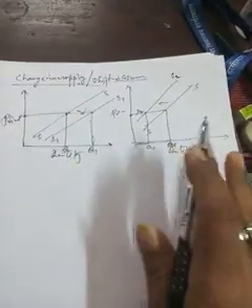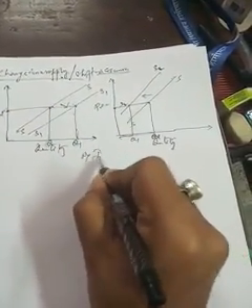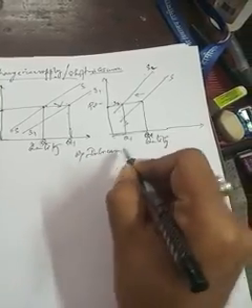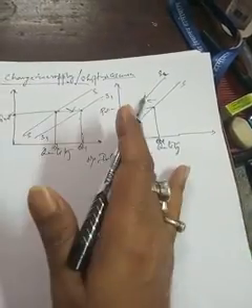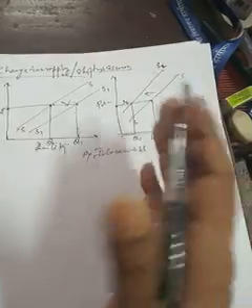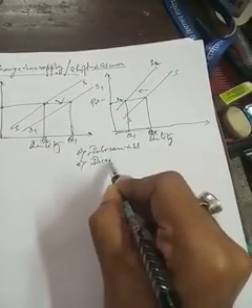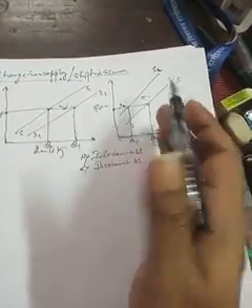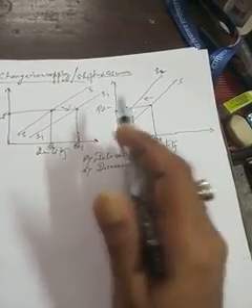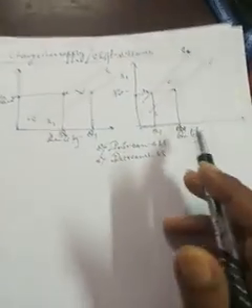So shift in supply is of two types. One is increase in supply, that means the supply curve shifts rightward, or decrease in supply, that means the supply curve shifts leftward.